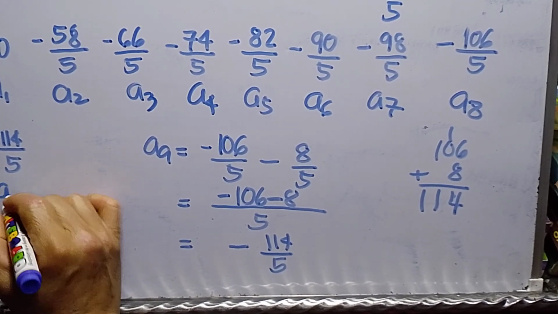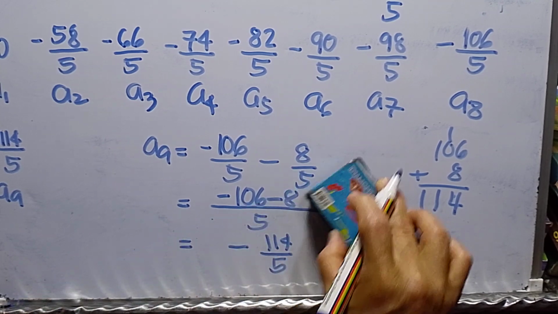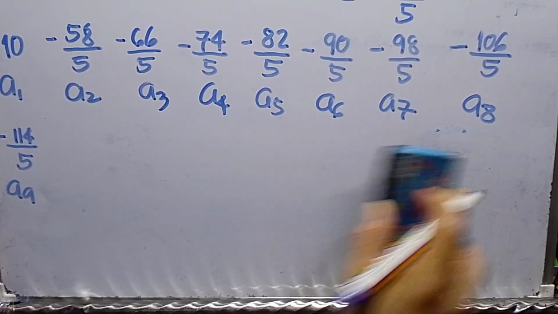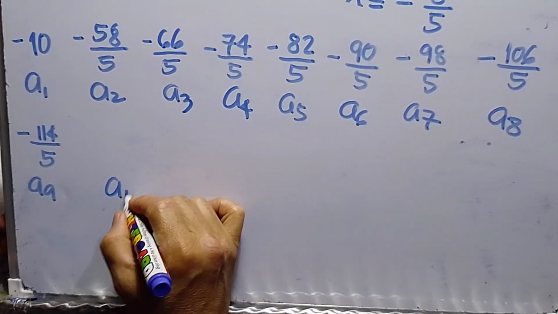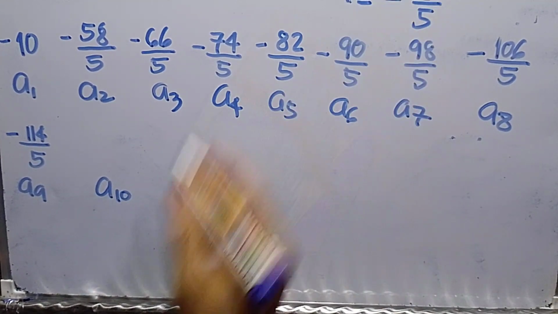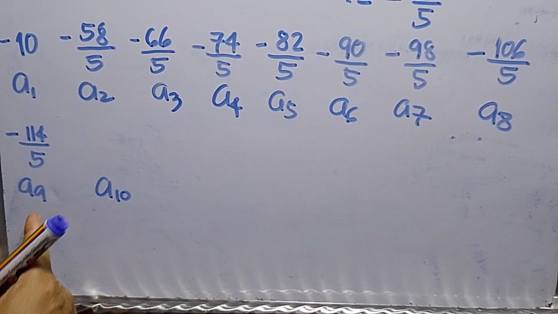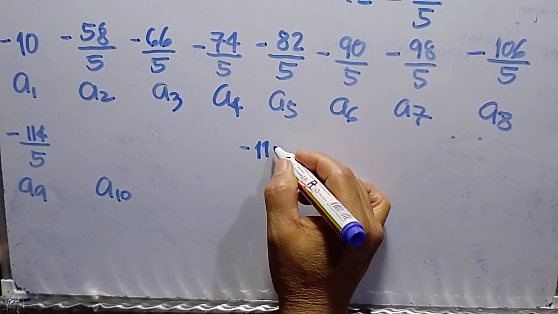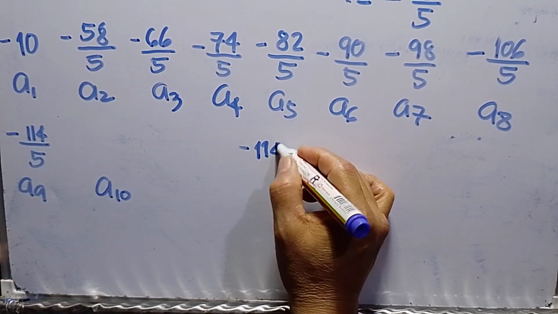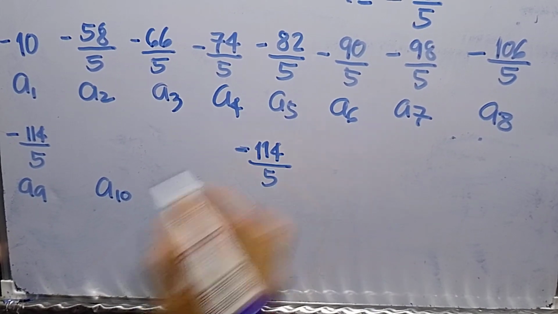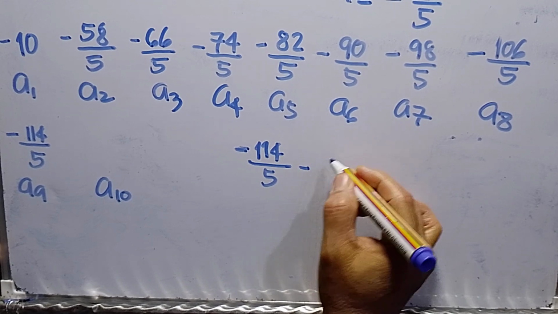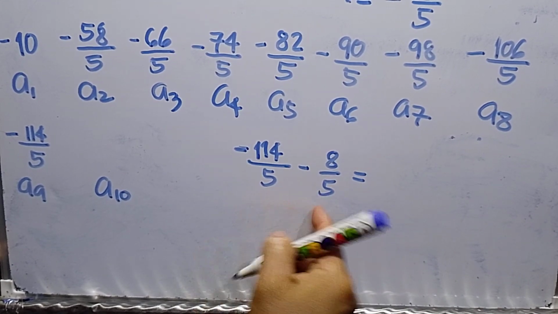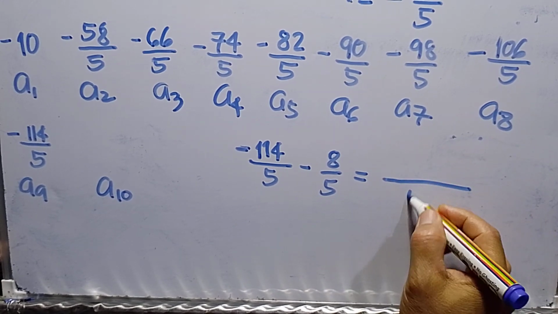A sub 9. And then the last, A sub 10. Hopefully, we come up with the correct answer. So, A sub 10, the last term to be solved. A sub 10 will be equal to A sub 9, which is negative 114 over 5, negative, take note. And then, minus 8 over 5. This is similar fraction. Common denominator is 5.